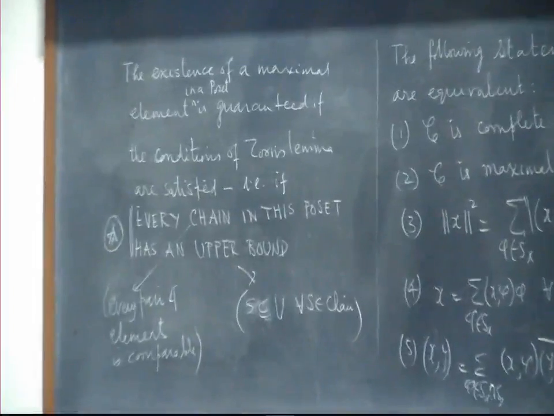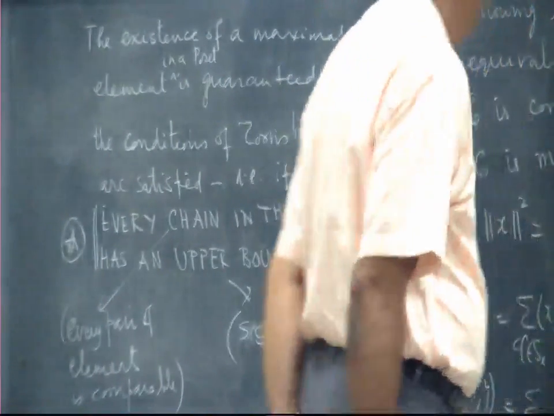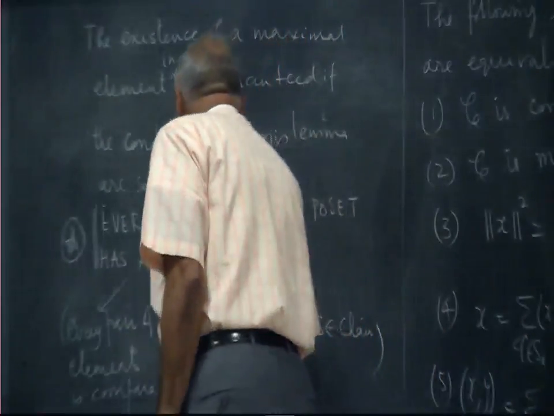So, we must first show that every chain has an upper bound. If we show this, you take any chain in this partially ordered set and show that it has an upper bound, then Zorn's lemma says, since every chain has an upper bound, it must have a maximal element. So, we need to show this.